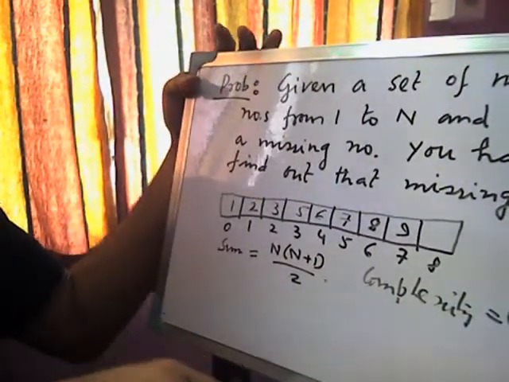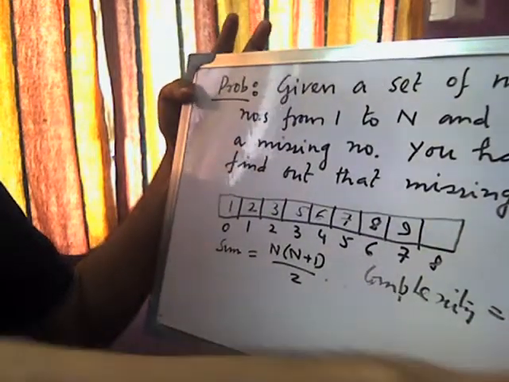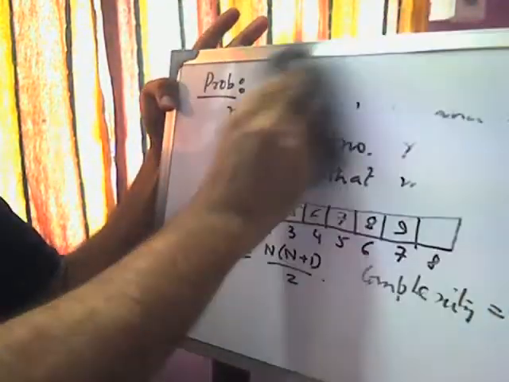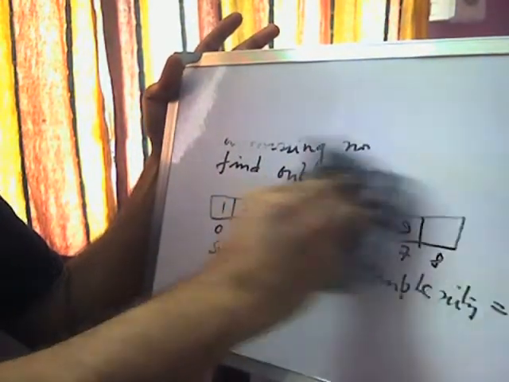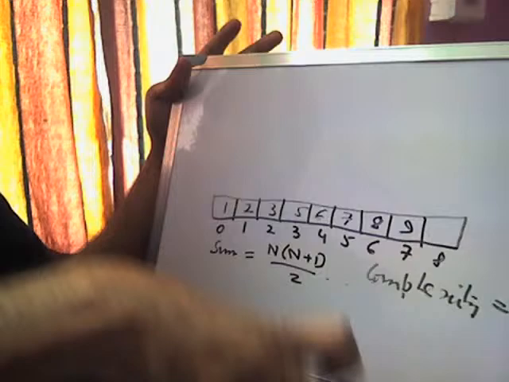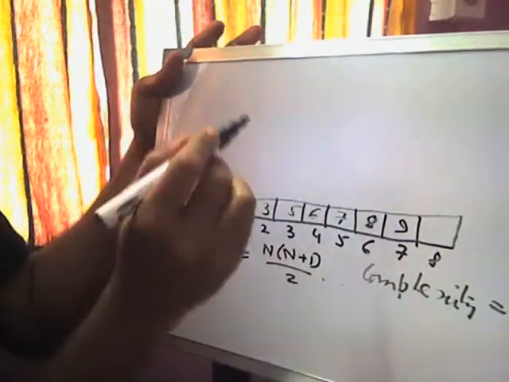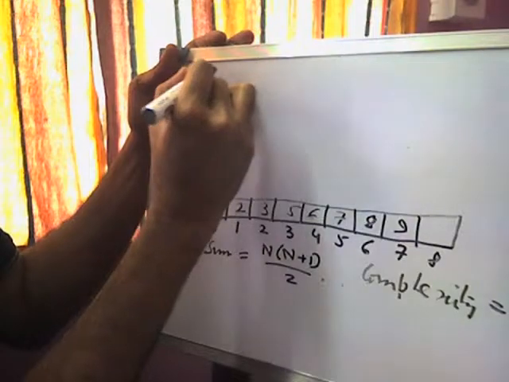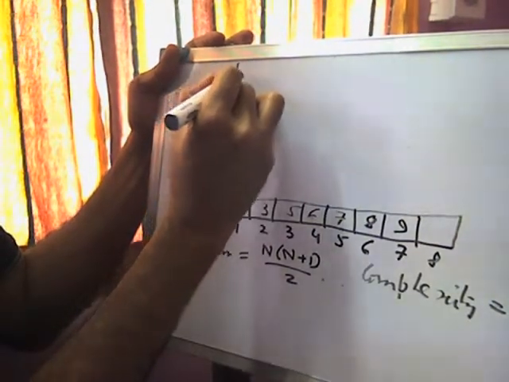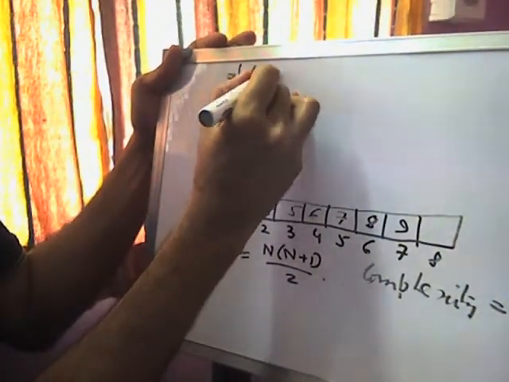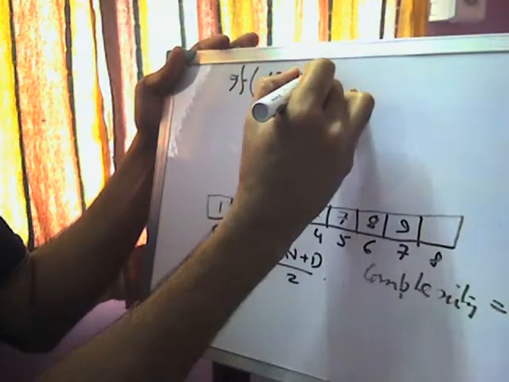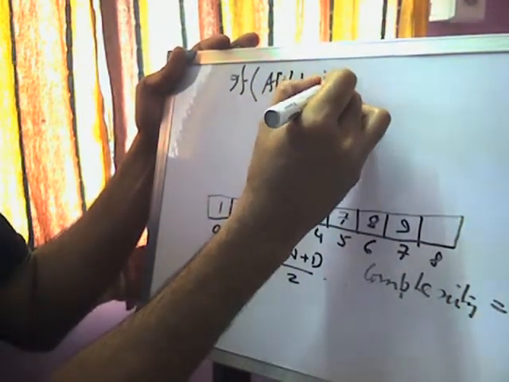Now you see, I will erase this, and I want to solve it. Here you see this example, and just remember the binary search algorithm is the same. What is the terminating condition? If A[i] is not equal to i plus 1, what does it mean?